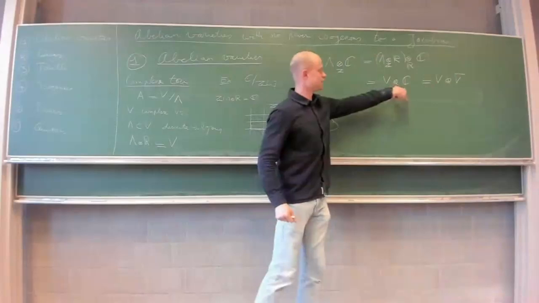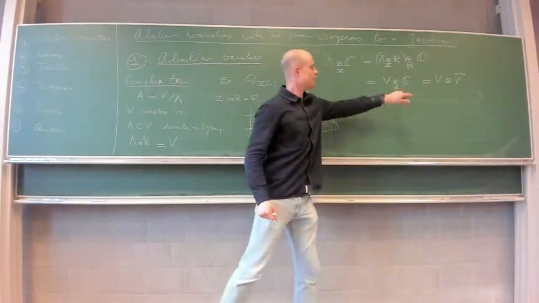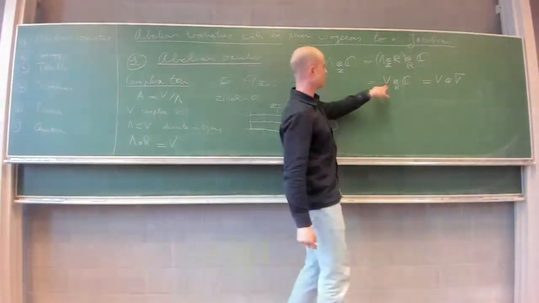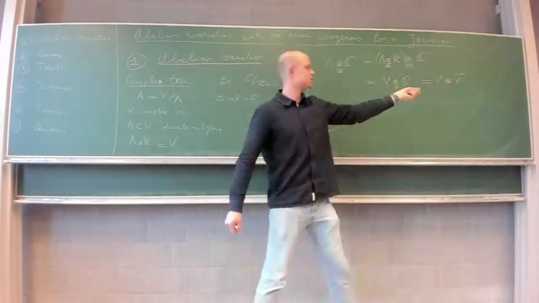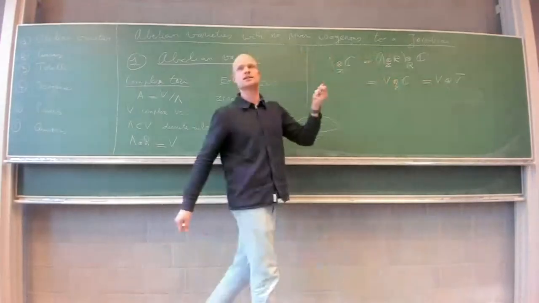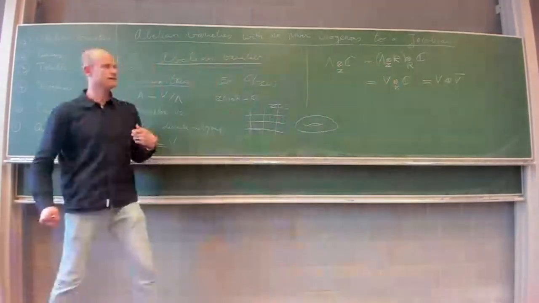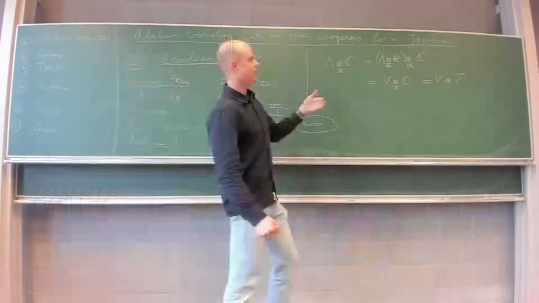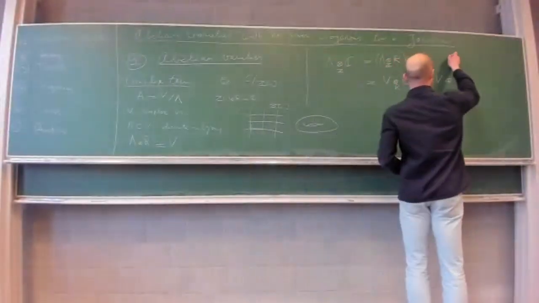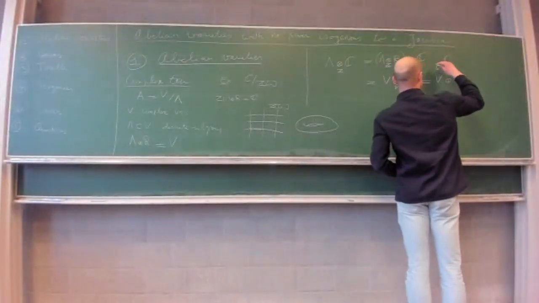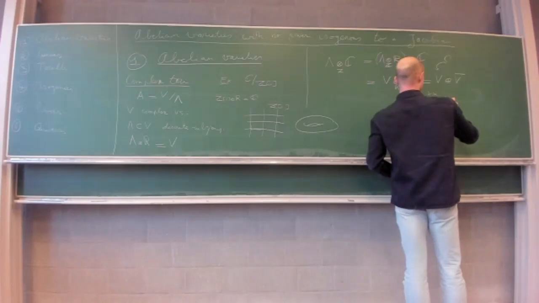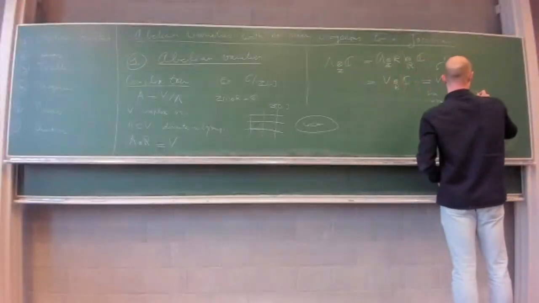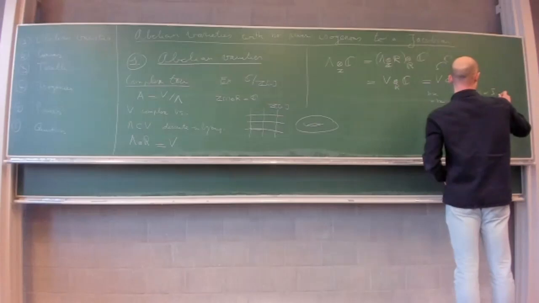So there's a natural decomposition here, in the sense that we have V itself, and we have V bar, which is actually V, but where C acts by letting lambda act as lambda bar. So here C acts by lambda x, and here you get lambda bar x.